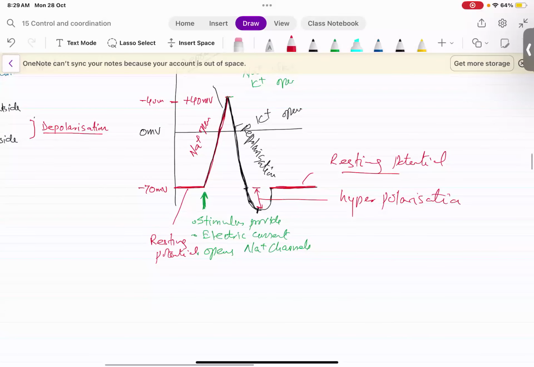So this wave of depolarization and repolarization is known as an action potential.